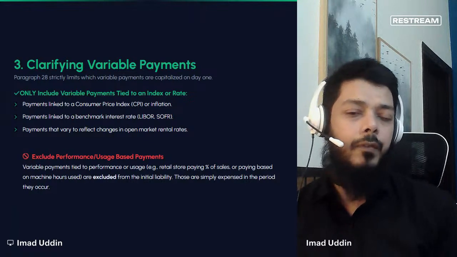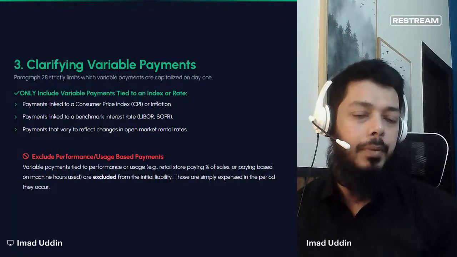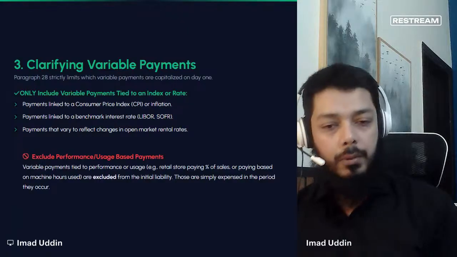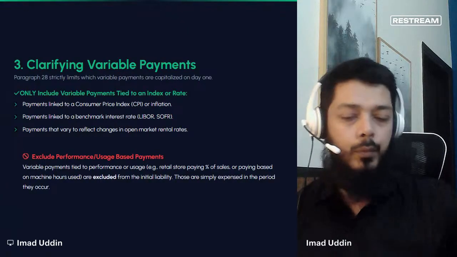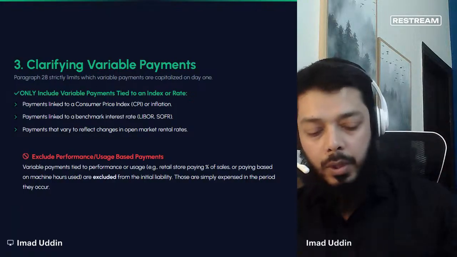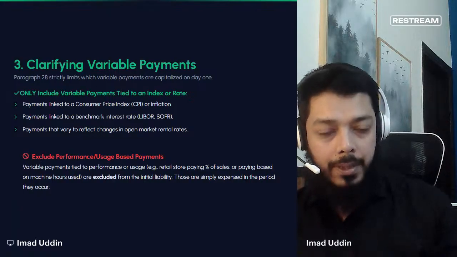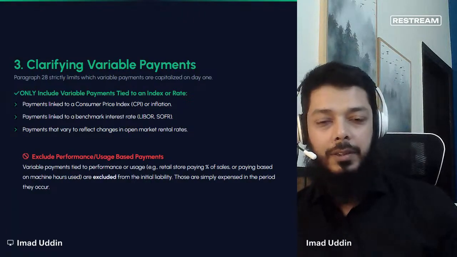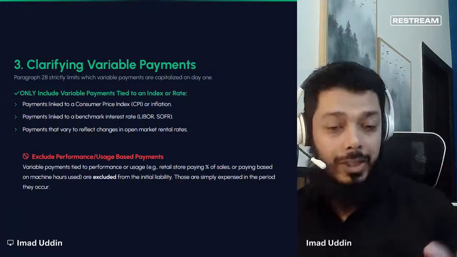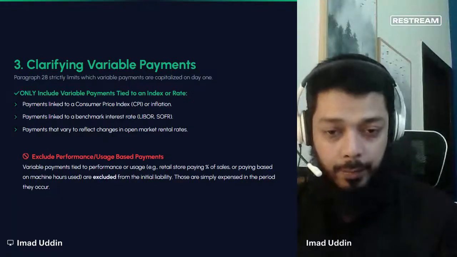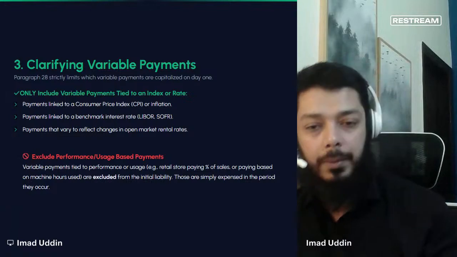Now, what kind of variable payments might be excluded? Let's say you have a retail outlet at an airport, and the airport wants to rent it out to you against a rental plus a percentage of your sales. In that case, the percentage of the sales is a variable portion of the lease payment, and that is the kind of portion that is not included in the lease liability.